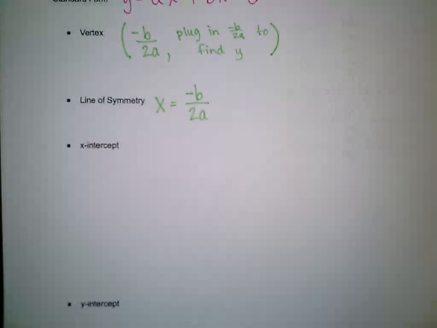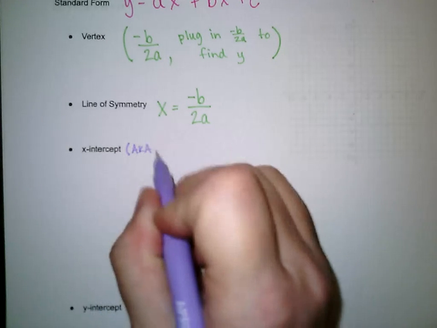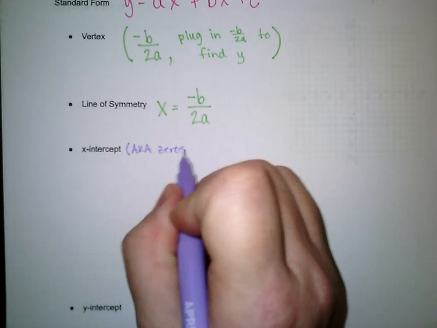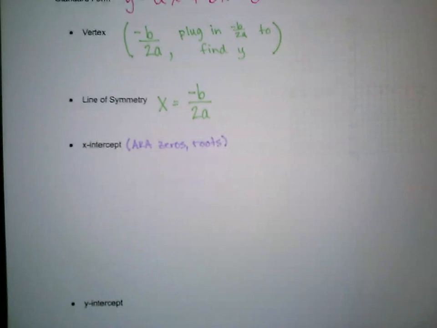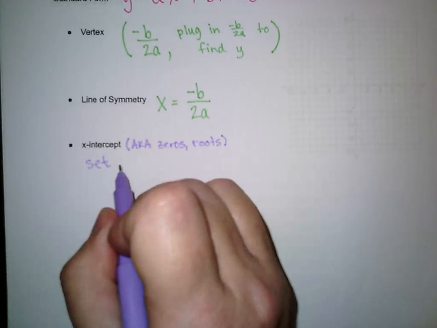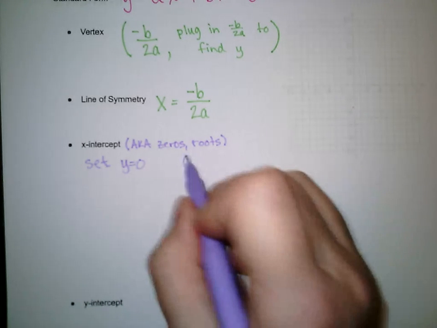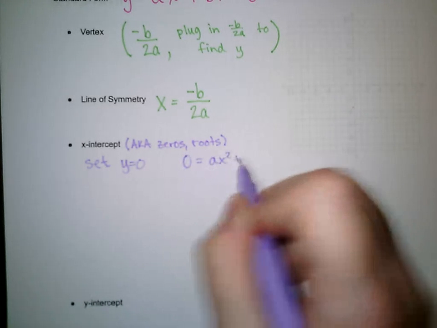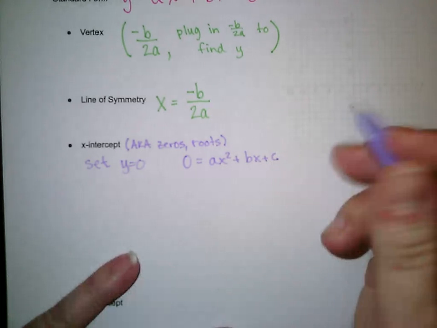X-intercepts. The x-intercepts, which we also call zeros, roots, etc. What we're going to do is set y equal to 0, or set the equation equal to 0. So 0 equals ax squared plus bx plus c. And then that's going to be a quadratic equation.